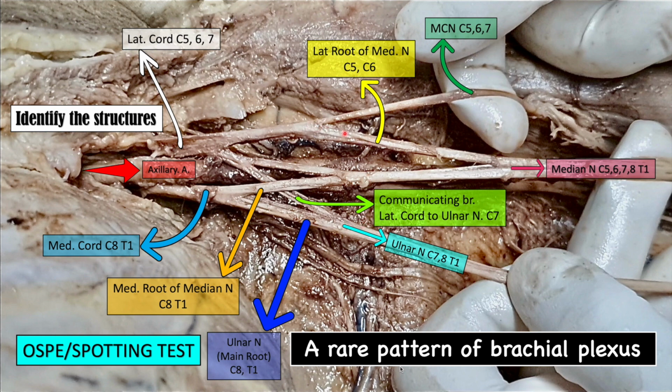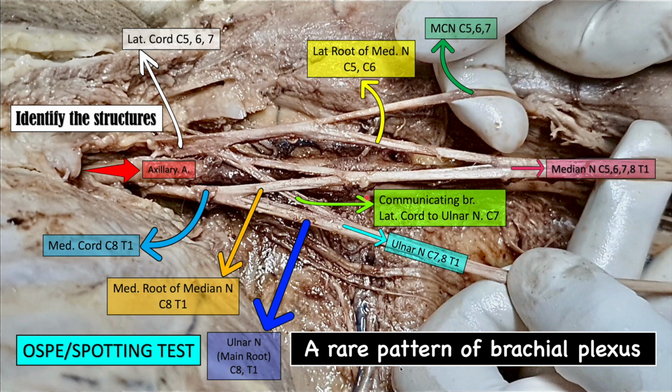It can communicate via the lateral root of the median nerve to the ulnar nerve, but in this case the lateral root of the median nerve, which is C5, C6, C7 in general, is, because it is a rare pattern, having only C5, C6.